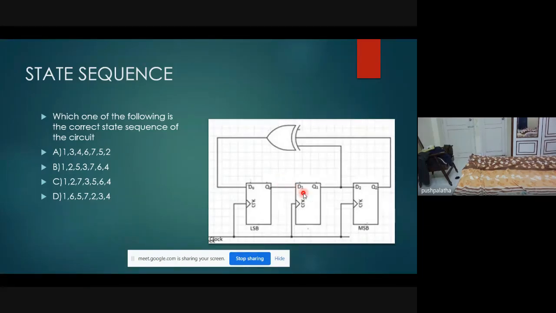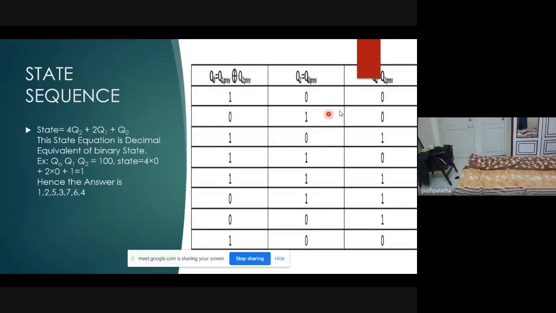What is your D latch? Your D latch, whatever may be the input, will just pass it to the output. So here my Q naught is 1. Now my Q1 will become 1 in this case, right? And your Q2 is what? Q1 previous value, that is 0.